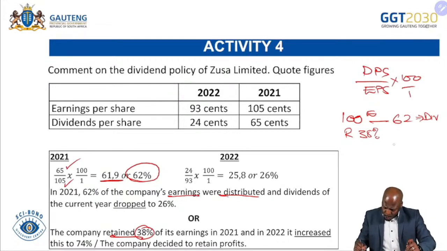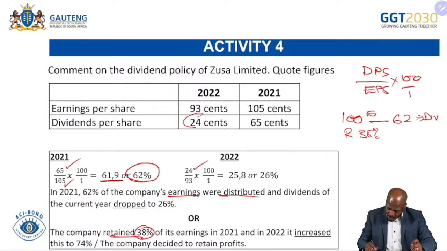If you look now in 2022, the dividends are 24 cents. Here's your dividend, 24 cents. And the earnings are 93. So what percentage of your earnings are you getting as dividends? 26%.